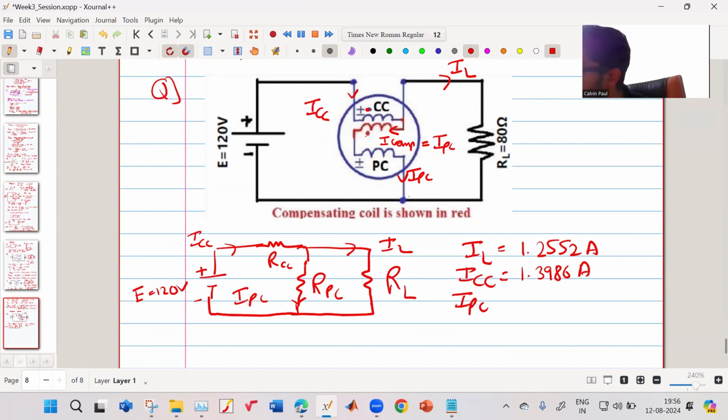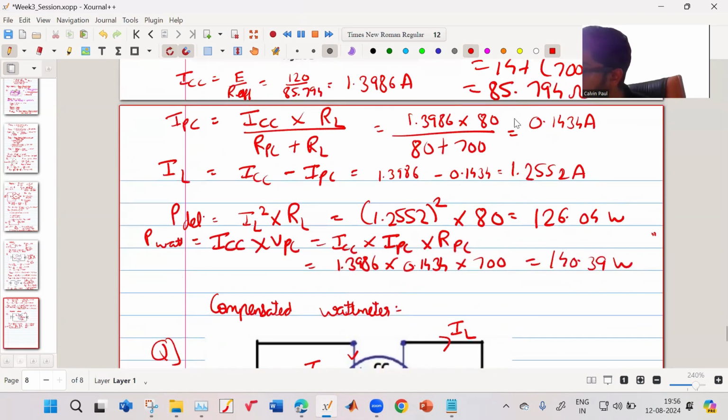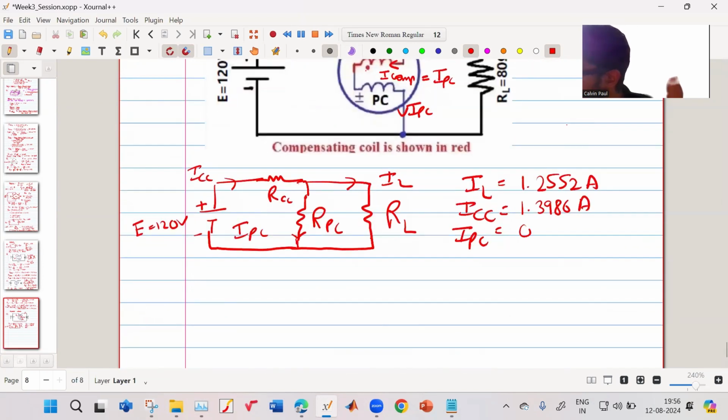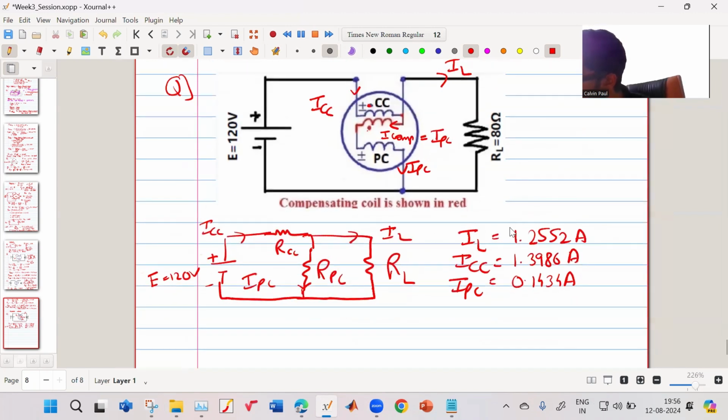And we found the current in the pressure coil is equal to 0.1434 ampere. Okay. Now we want to find the power which is read by the wattmeter. What is my wattmeter reading?